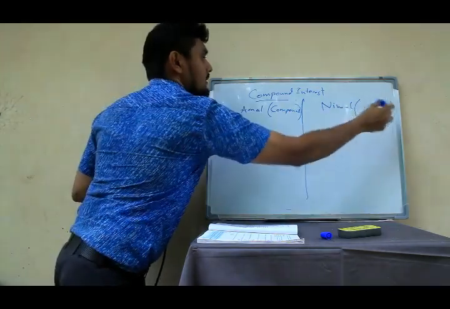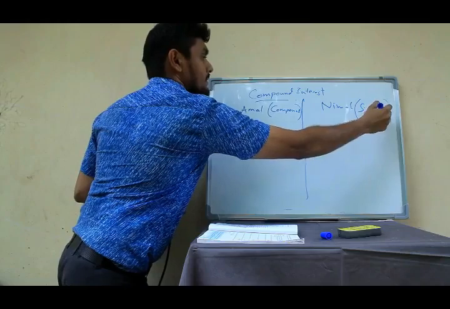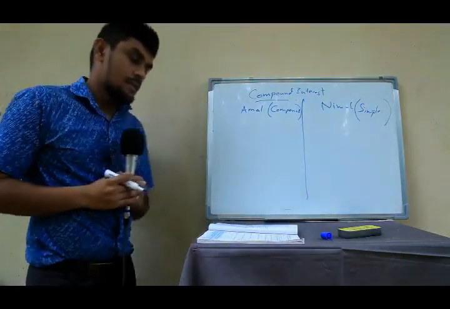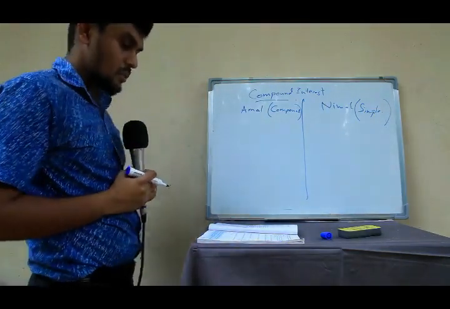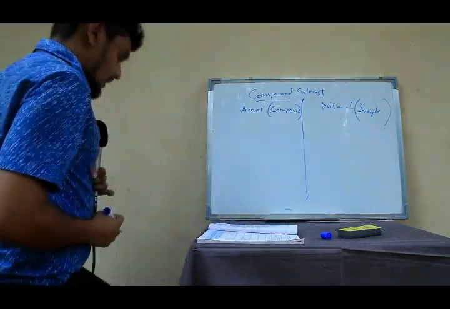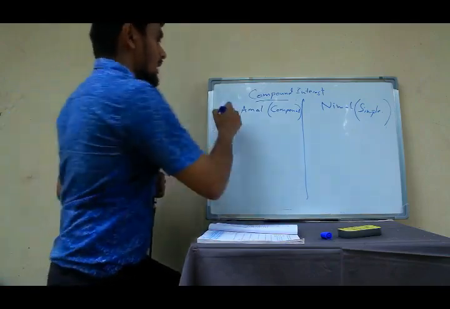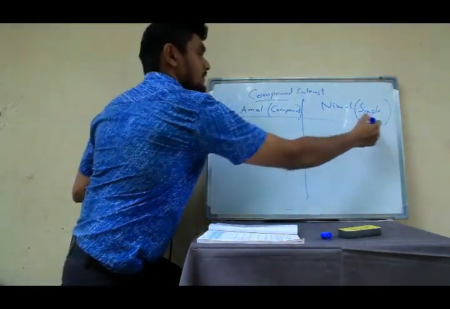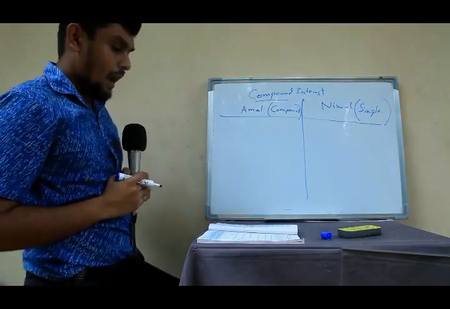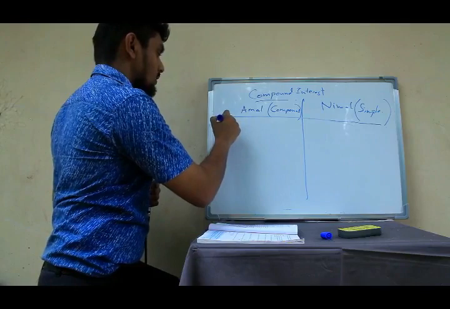Nimal used the simple interest rate method. So we can use this one this way. I will separate the methods here. First of all, we can use the amount, Amal's.